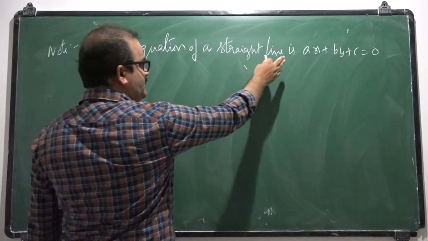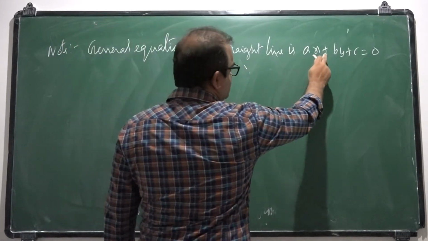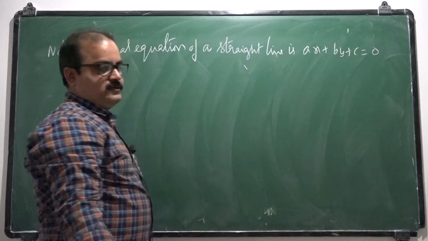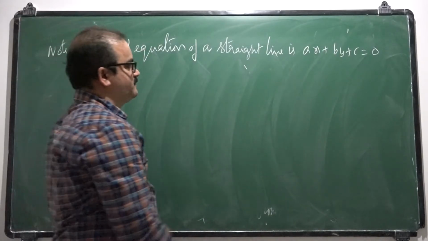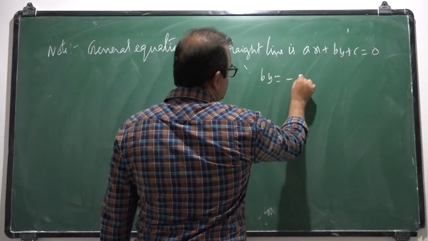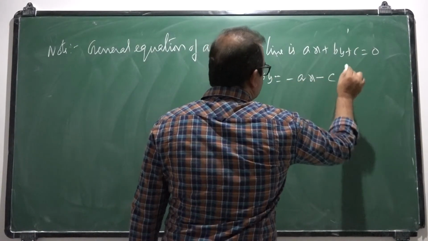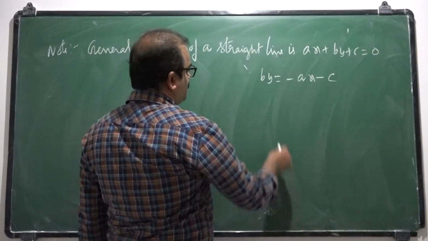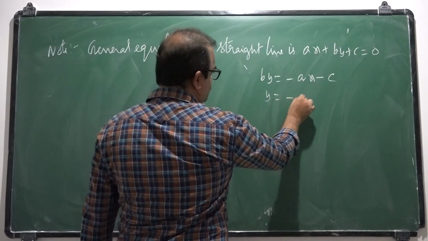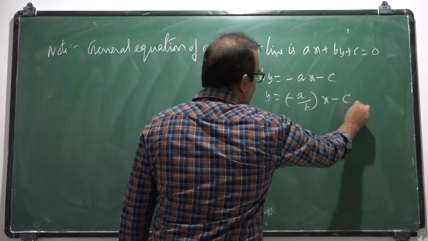We can find the slope of this line also. We convert this equation into y equals mx plus c. We write this equation as by equals minus ax minus c. From this, y equals minus a by b into x minus c by b.